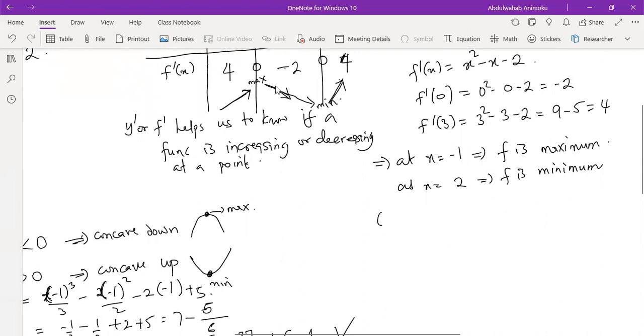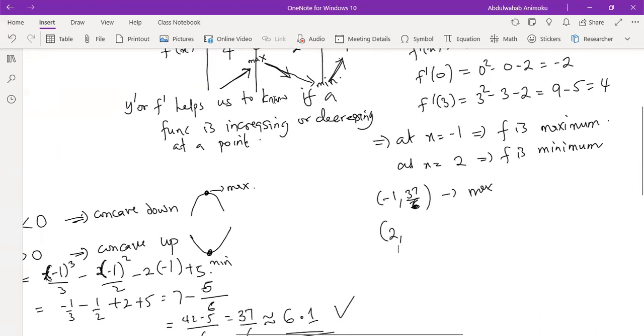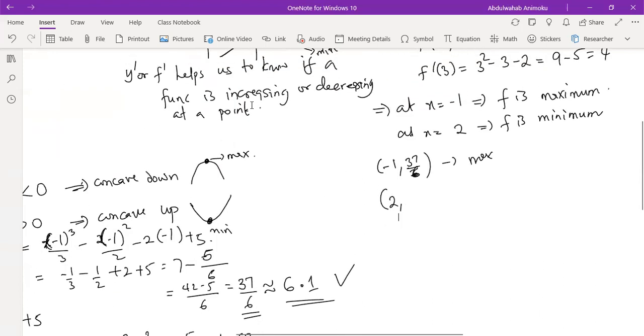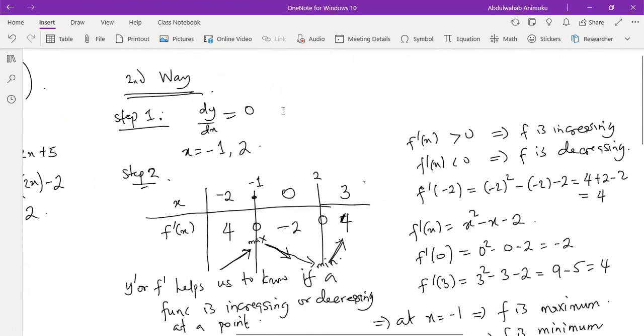You go through the method again to find f, and f would be 37/6, which will give us the maximum. And again, you find the value of y when x is equal to 2, and that gave us 5/3 at the minimum. That completes the problem as well. So this is how to find the minimum and maximum values of a function.